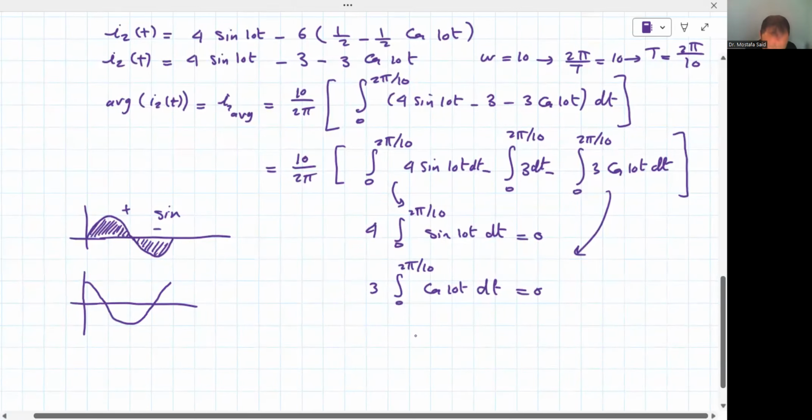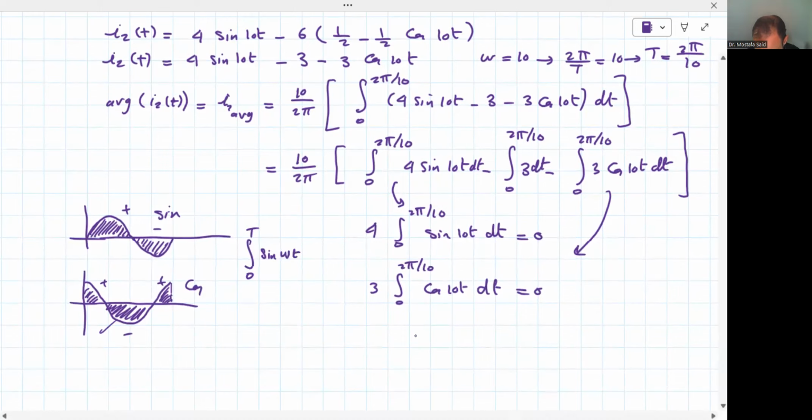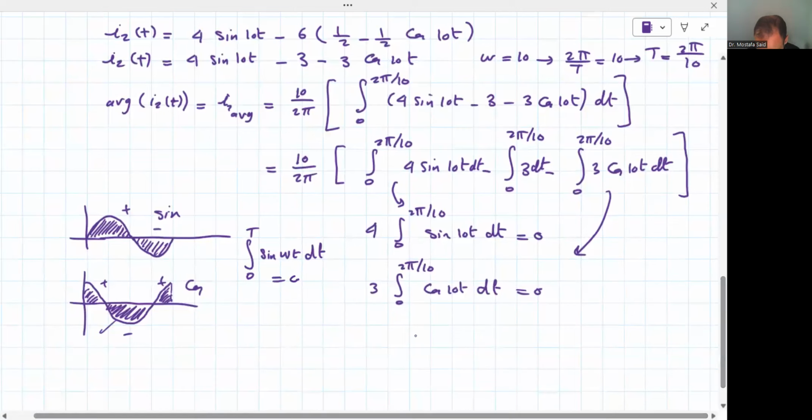So the area in the middle here is negative, and we have here this one and this one. When you add them together, both are positive and they have the same area, same shape as the negative one. So again, they're going to cancel each other. This is for cosine. So always the integral of 0 to T of sine omega t dt equals 0.